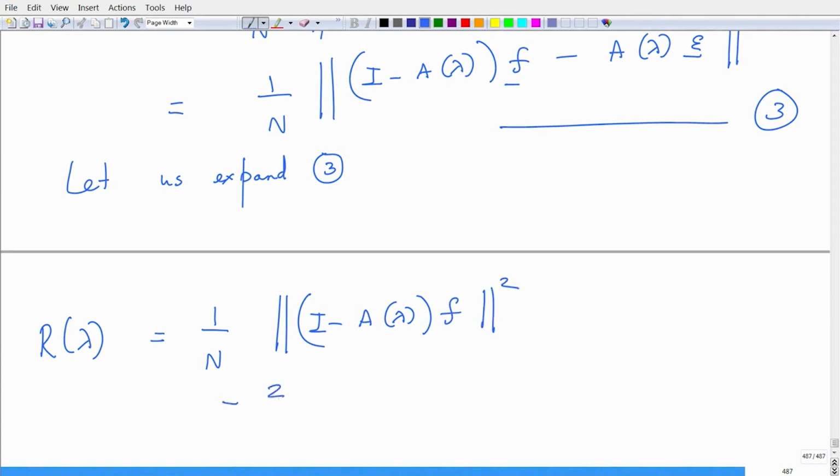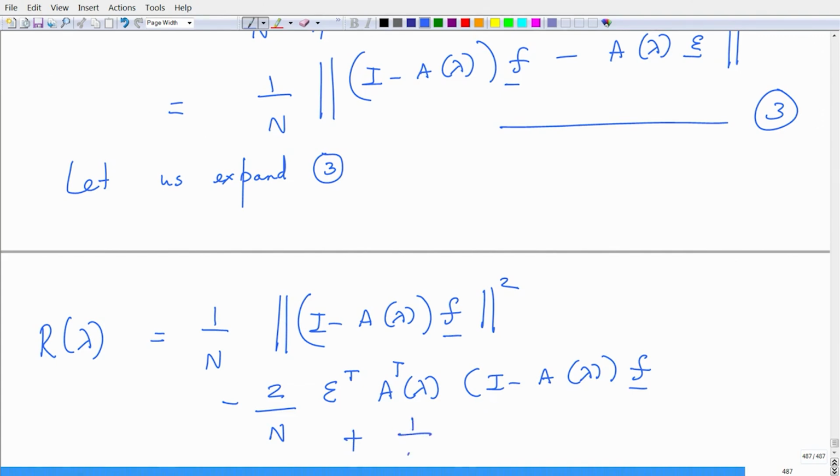minus 2 upon n epsilon transposed A of lambda transposed times I minus A of lambda times F, plus we have the norm square on the noise term, which is scaled by the influence matrix.